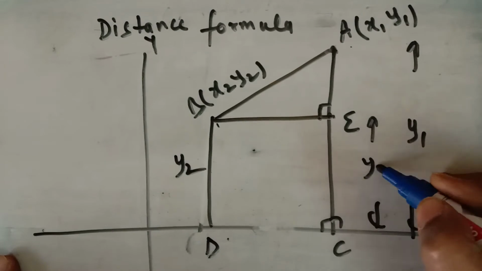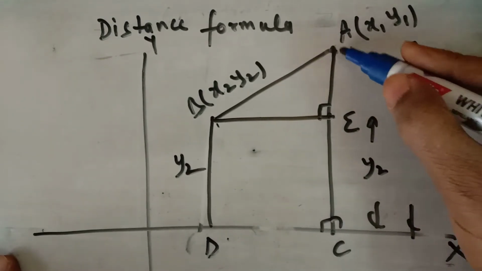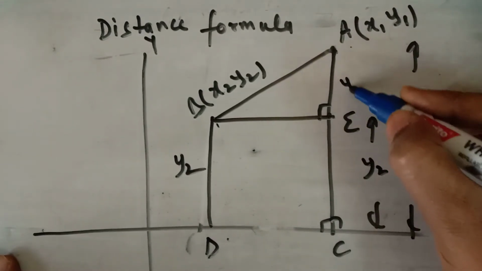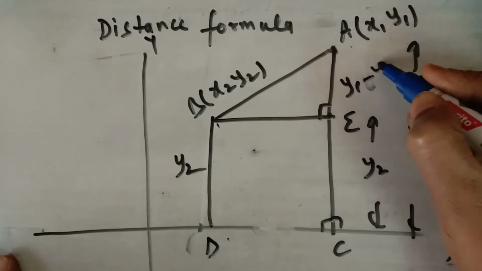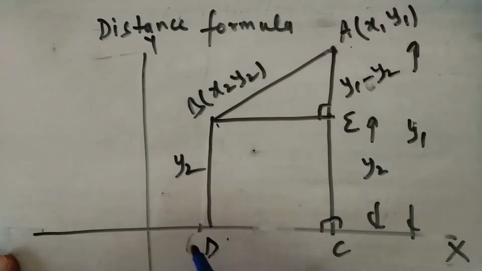So AE will be equal to y1 minus y2. Similarly, the distance of this point from the y-axis is equal to the x coordinate, and the distance of this point from the y-axis will be equal to x1.